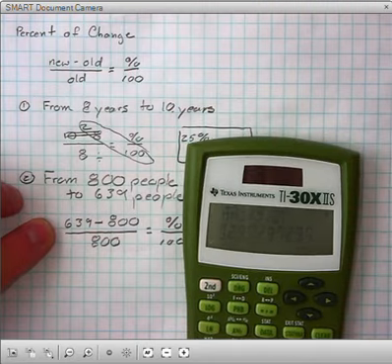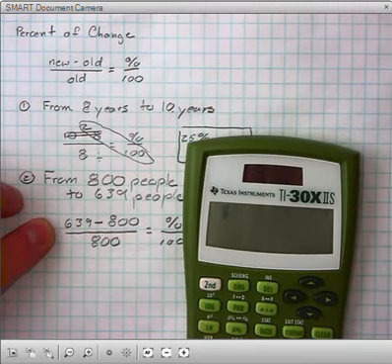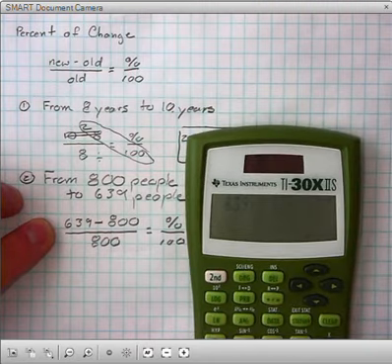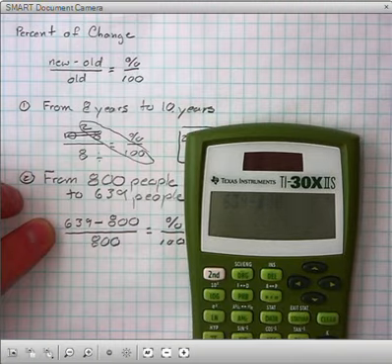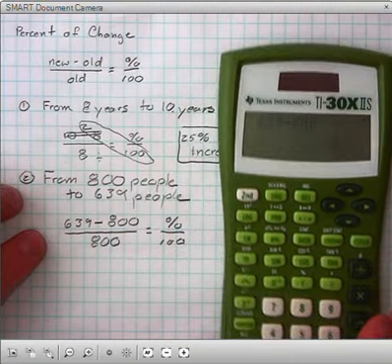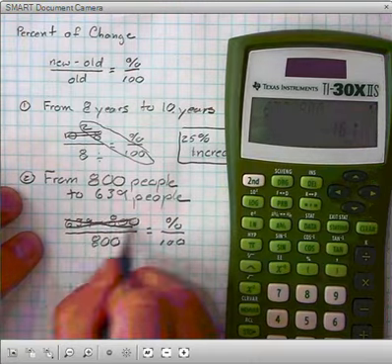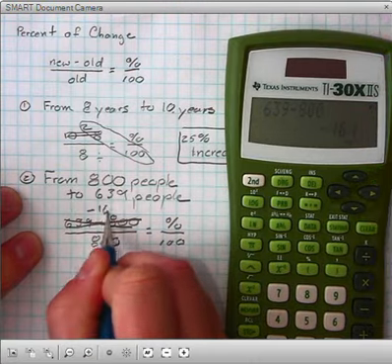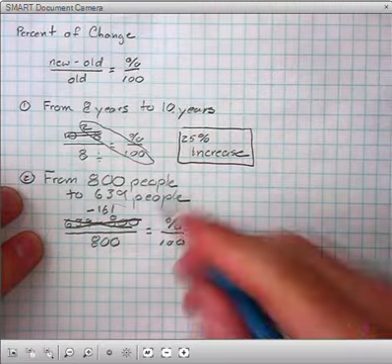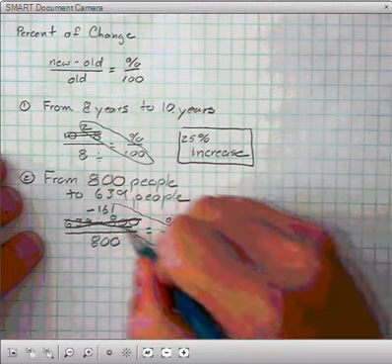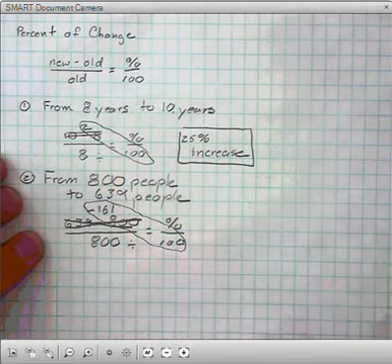Here we're going to do 639 minus 800. You get a negative number. Don't panic. You are going to get a negative number there. So that is negative 161. Now we're going to multiply diagonally and then divide by your leftover number.